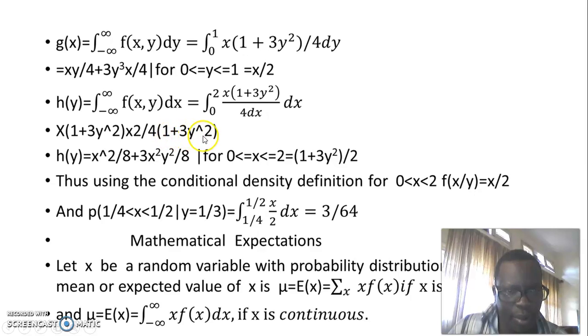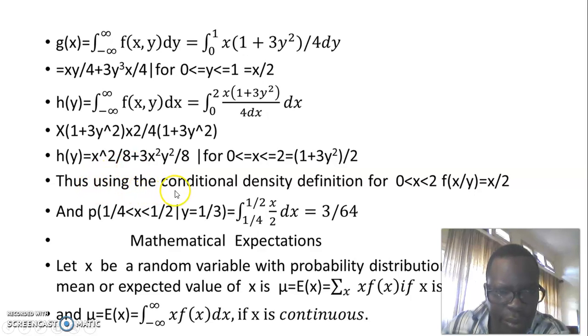Hence our marginal distribution of y is going to be equal to (1 plus 3y squared) over 2. When you substitute x, the interval x between 0 to 2, in this expression, you will be able to get (1 plus 3y squared) over 2.